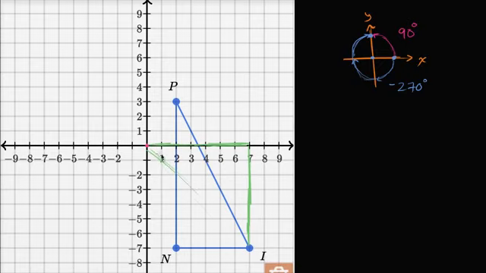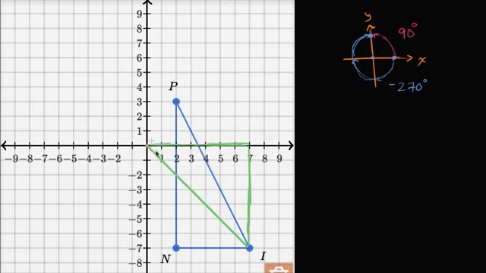I could probably use a line tool for that. So that's the hypotenuse of the triangle. Now if I'm going to rotate I 90 degrees about the origin, that's equivalent to rotating this right triangle 90 degrees. So what's going to happen there?